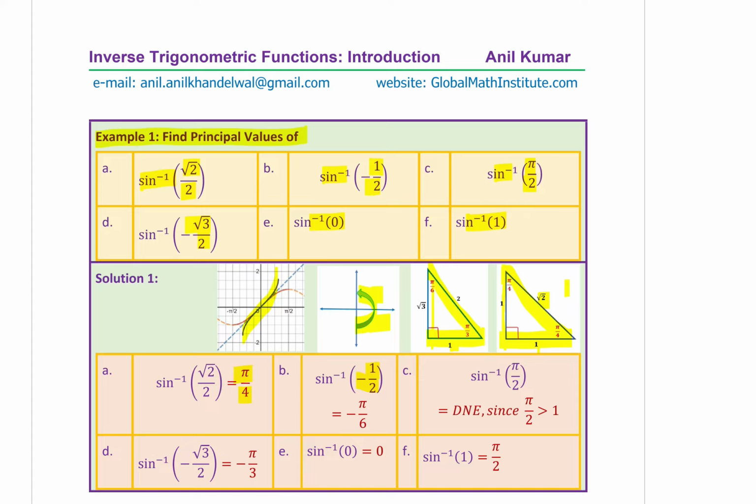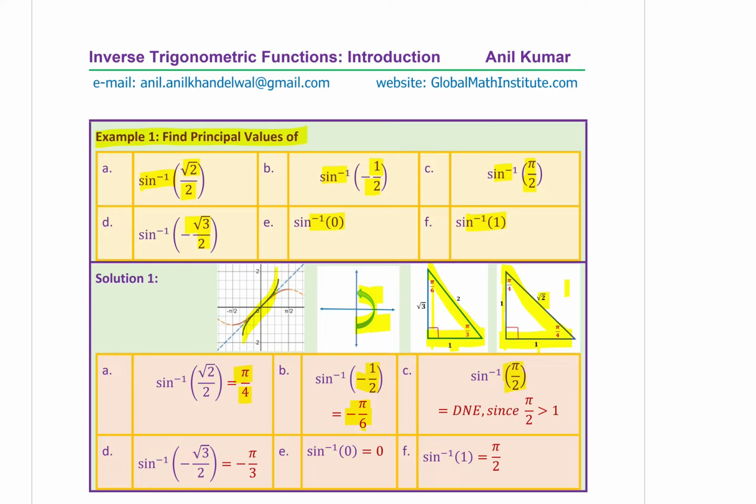So these triangles give you a visual look and an easy solution. So whenever you are attempting questions based on trigonometry, especially exact values, sketching these triangles is a good strategy. Well, we know that the values which we are going to give as a result are restricted within minus pi by 2 to pi by 2, and the only value is minus pi by 6.